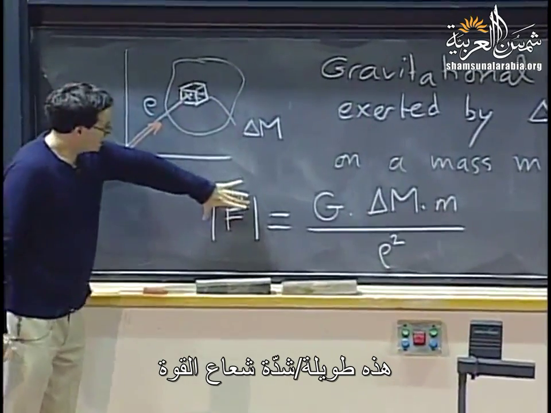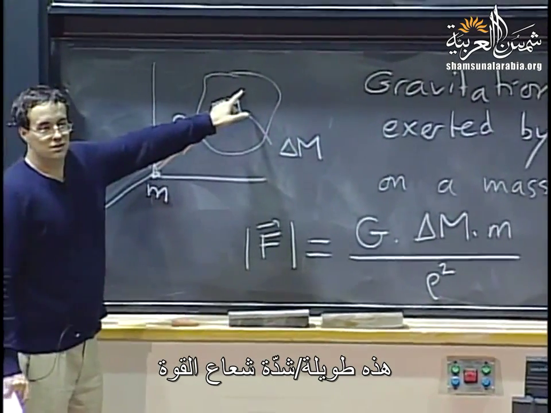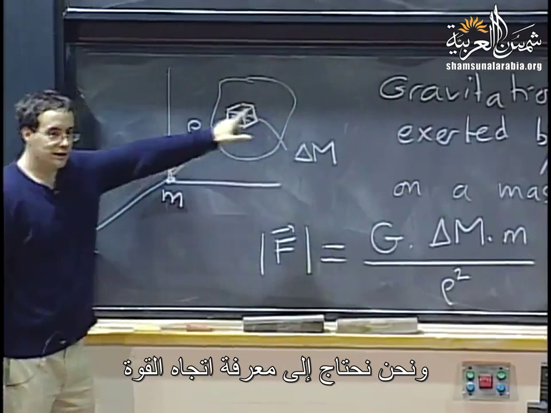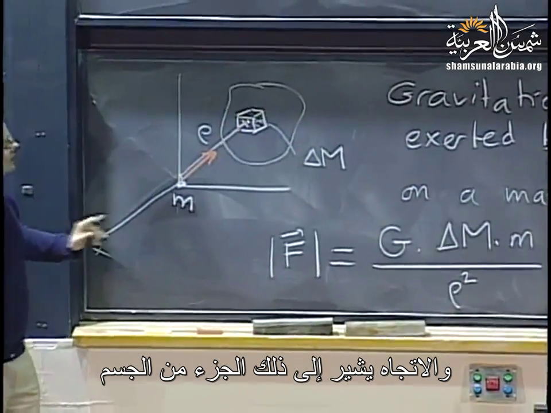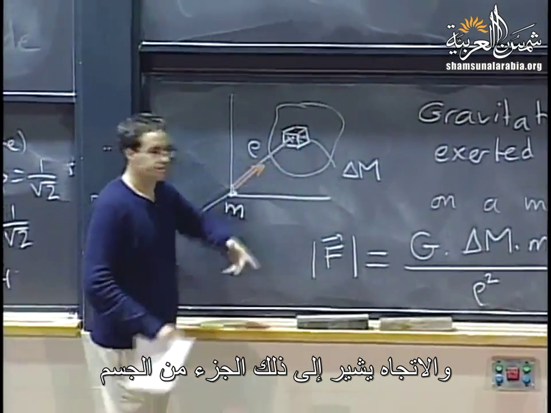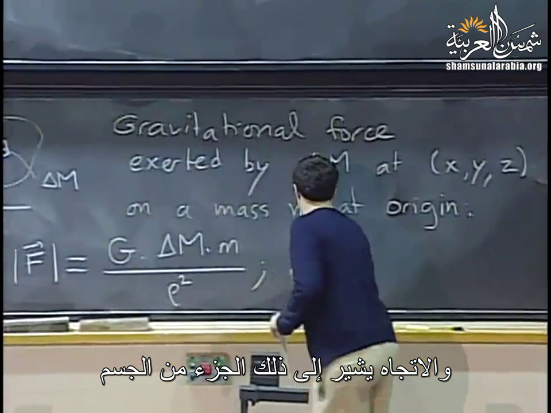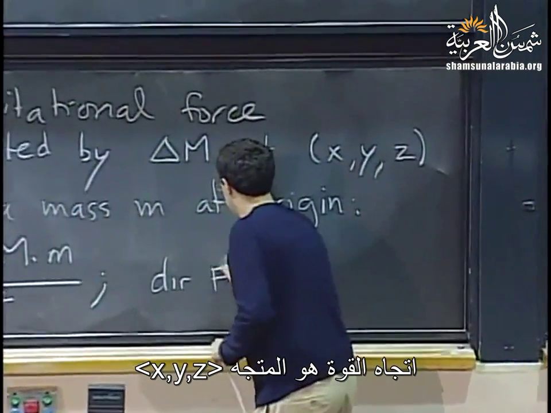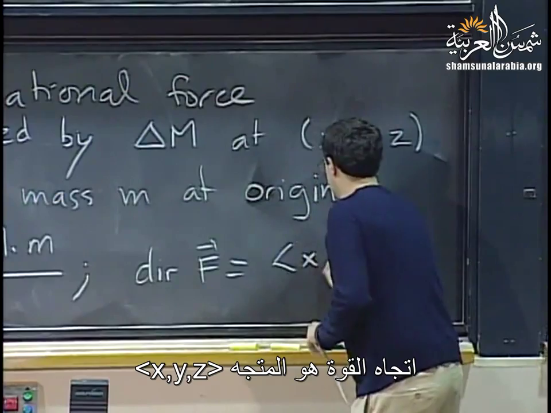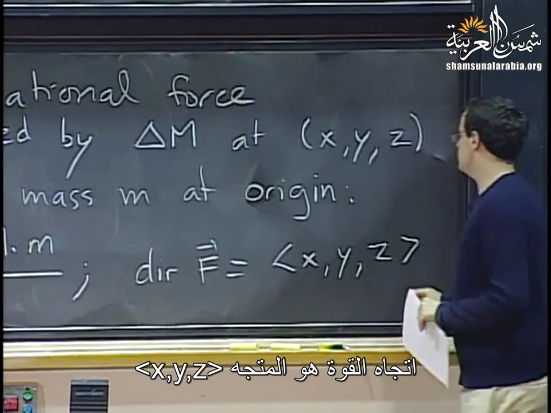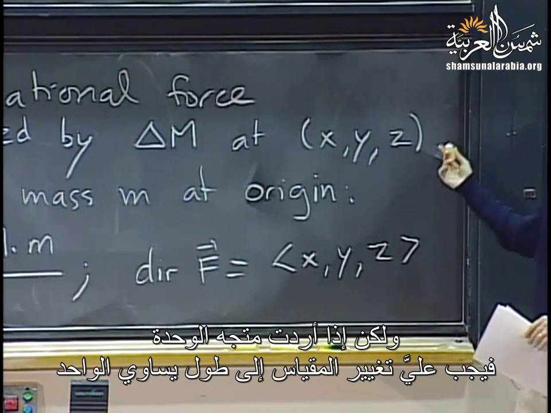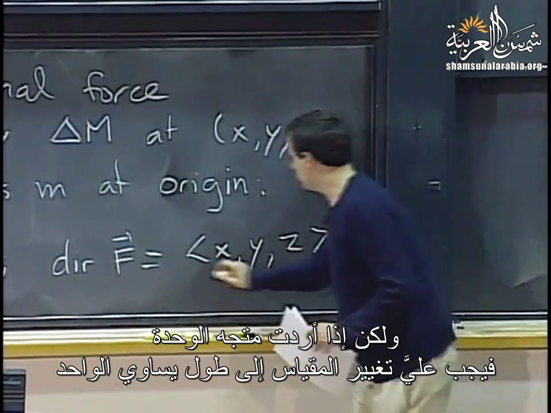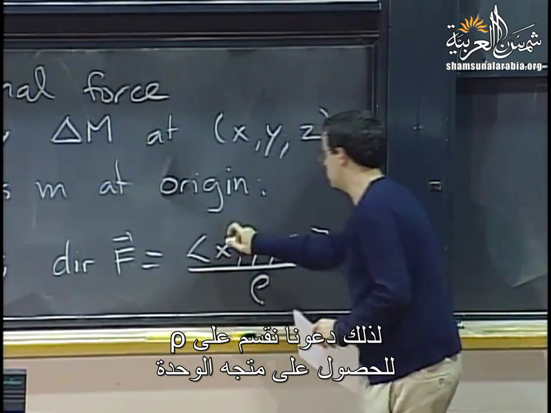So that's the magnitude of the force. We also need to know the direction of the force. And the direction is going to be towards that point. So the direction of the force is going to be that of x, y, z. But if I want a unit vector, then I should scale this down to length 1. So let me divide this by rho to get a unit vector.